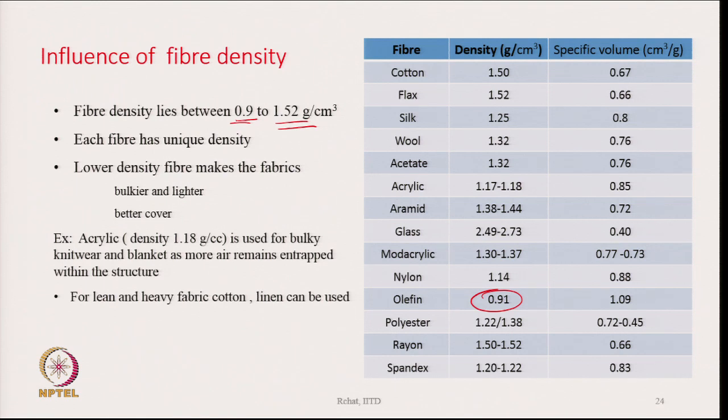So, in some cases if we want a product which has to float on water, then this is the fiber for that, provided it satisfies other requirements also. And some fibers may have very high density, like glass fiber has a very high density, 2.49 to 2.73, but generally most of the textile fibers will have density ranging from 0.9 to 1.52.